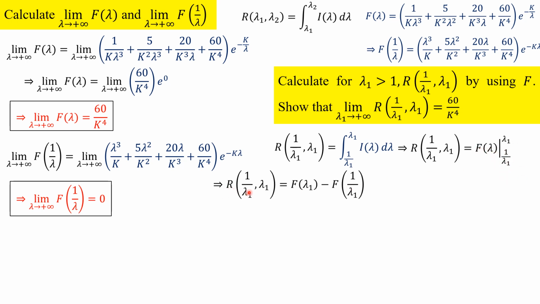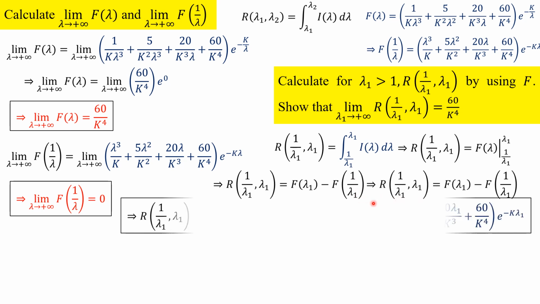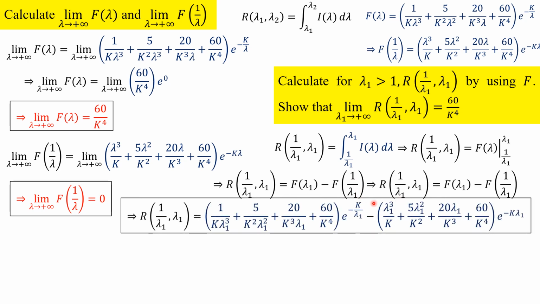So our A of 1 over lambda 1 is f of lambda 1 minus f of 1 over lambda 1. But we know our f of lambda 1: since we know our f of lambda, we just replace lambda with lambda 1 and we get this. Now what about f of 1 over lambda 1? This is 1 over lambda, so we just replace lambda with lambda 1, we get this. So this is A and it is precise for lambda 1 greater than 1.